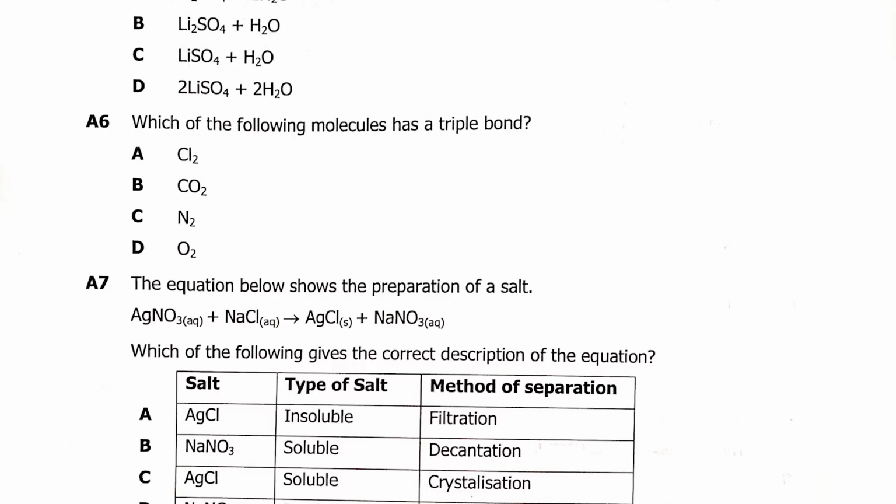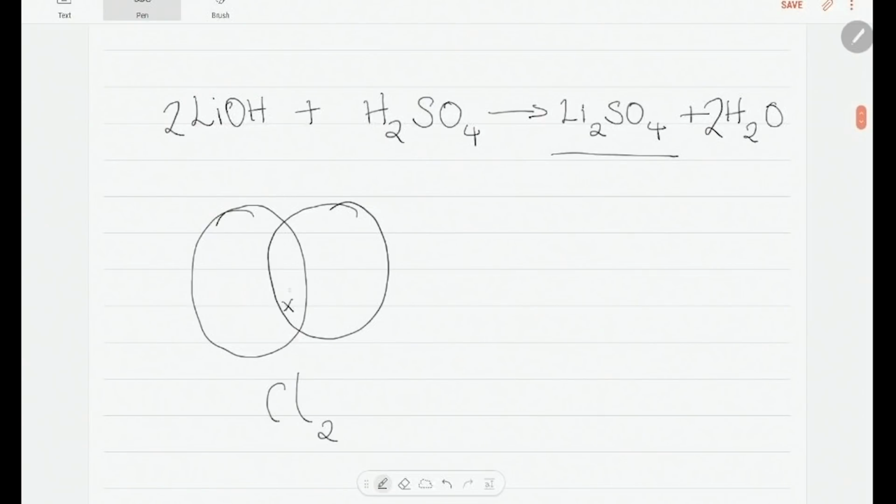That is chlorine molecule. So in the outermost shell of each chlorine atom, there are 7 electrons.